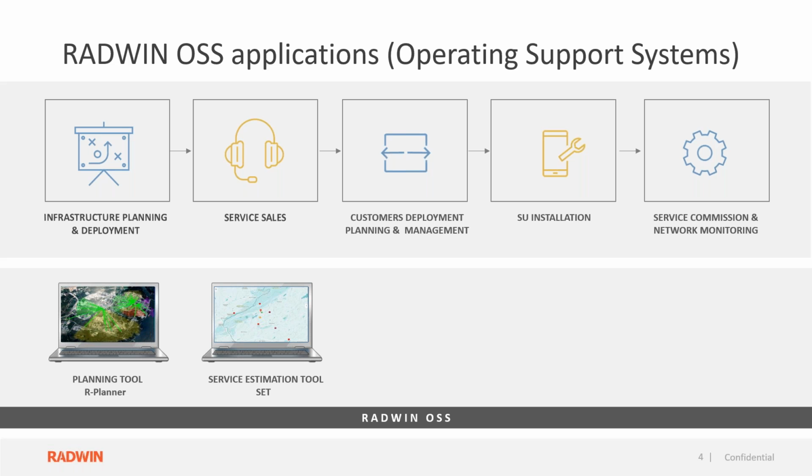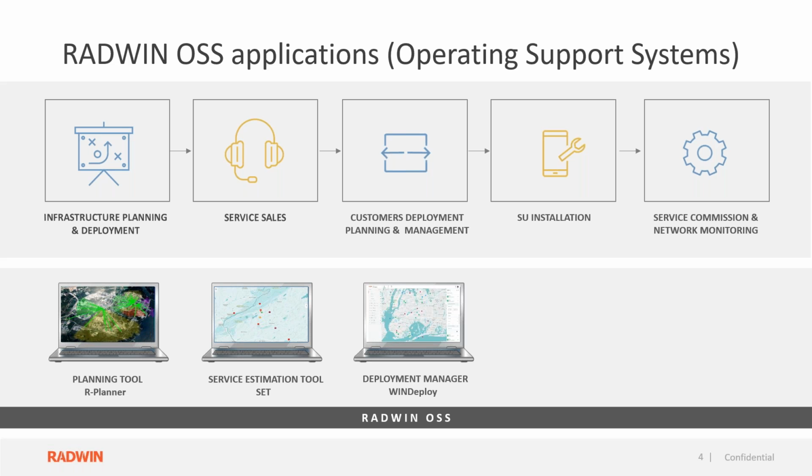A secretary sitting behind the desk has the information of real deployments that we already did. She just needs to type the address or the coordinates of a new subscriber, and immediately she will get the information about a new service and the performance of a link or a new subscriber, in case we are going to install it in the same area where a base station already exists.